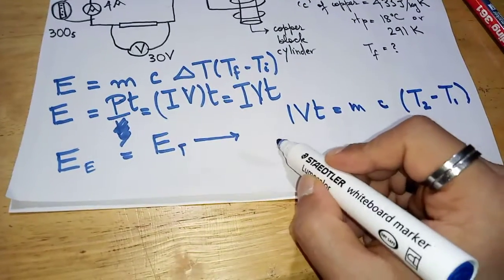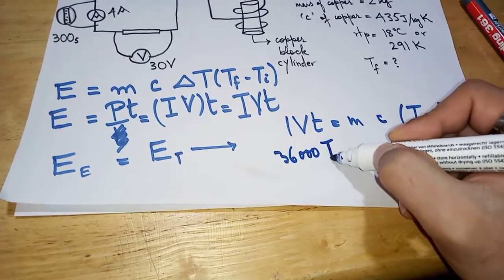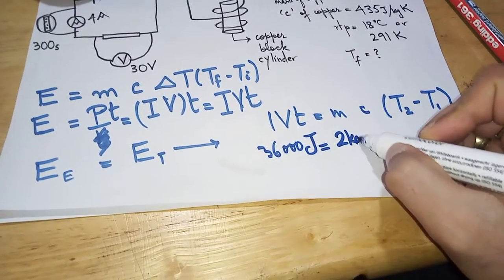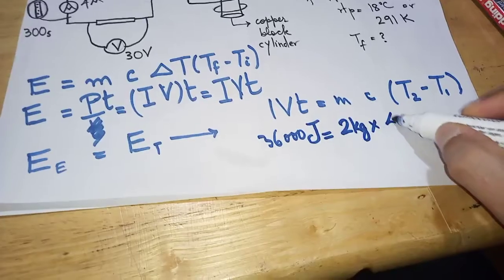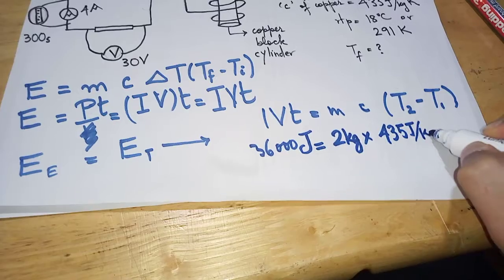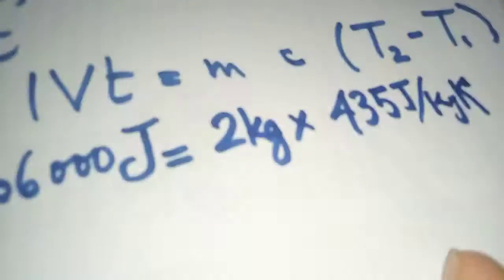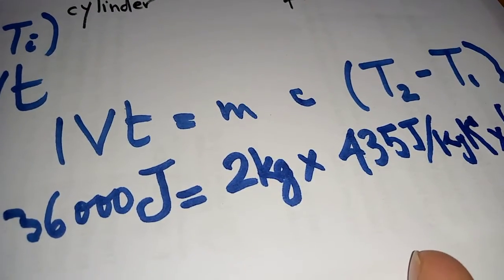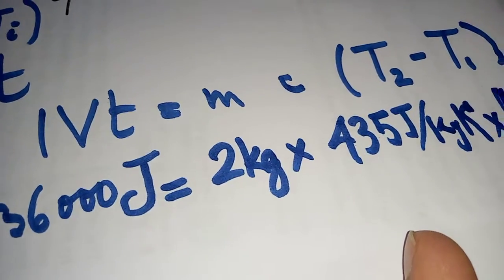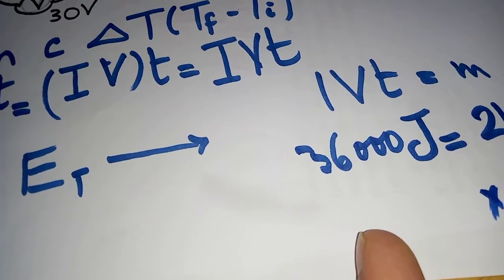That'll be 36,000 joules, and then followed by the mass of copper, which is 2 kg, times 435, times (T2 minus 291 Kelvin).